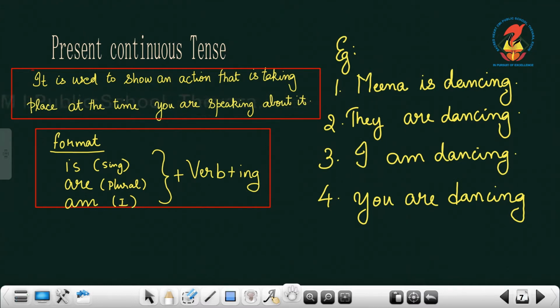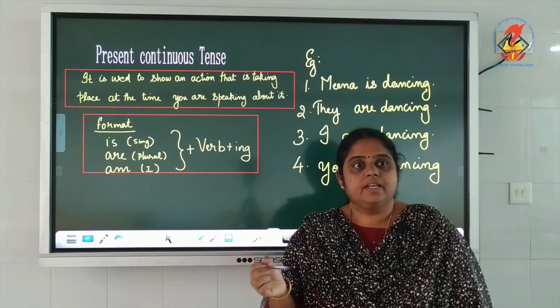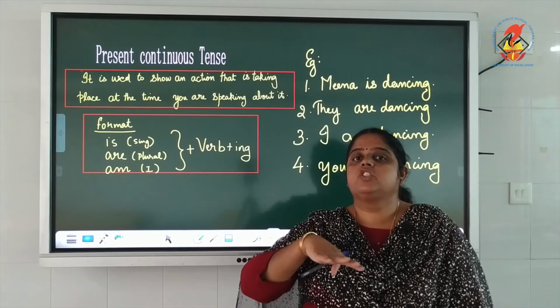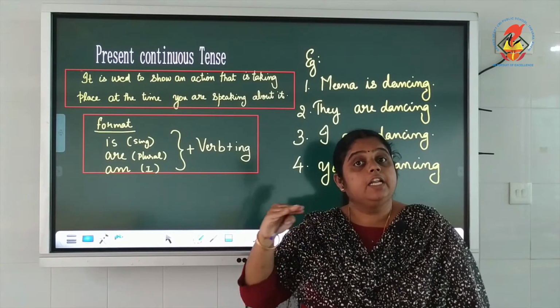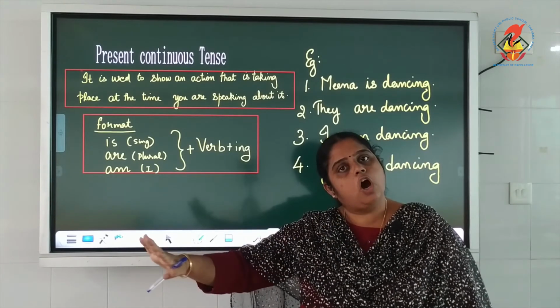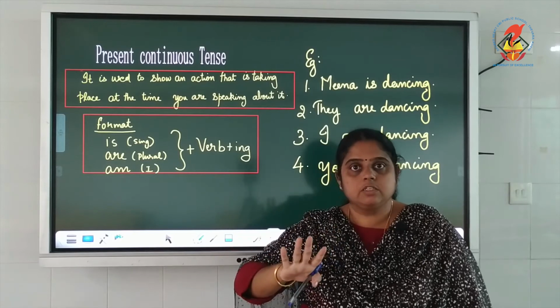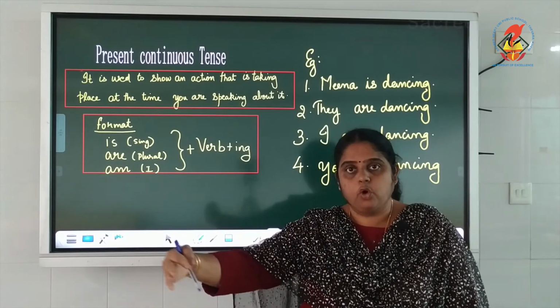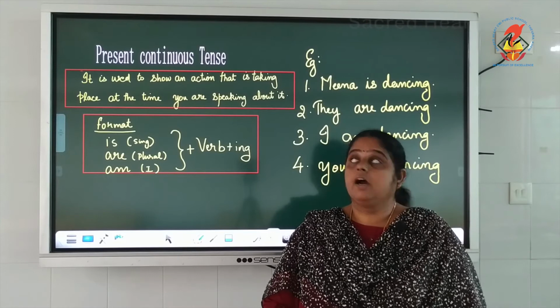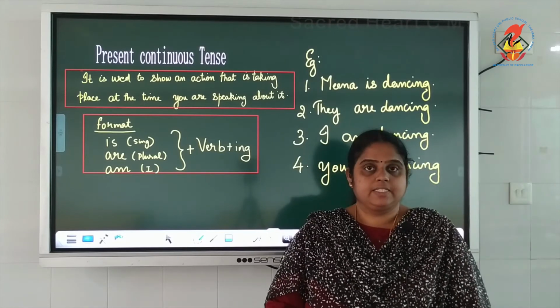At present I am talking to you as well as teaching. So I am teaching, isn't it? That's how we say that the action is continuing. Continuous tense, the action is going on. It's not stopping, it is going on. That is the meaning of present continuous tense.